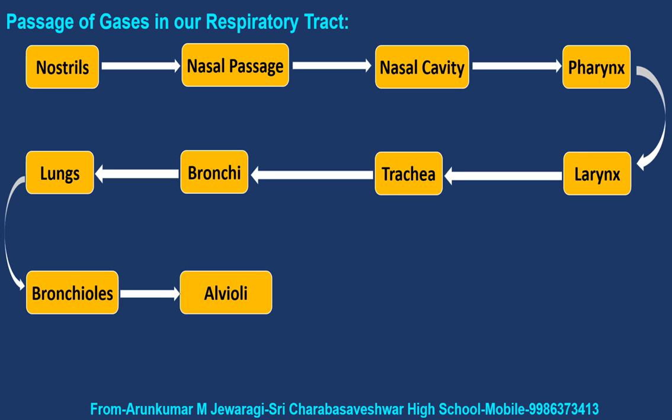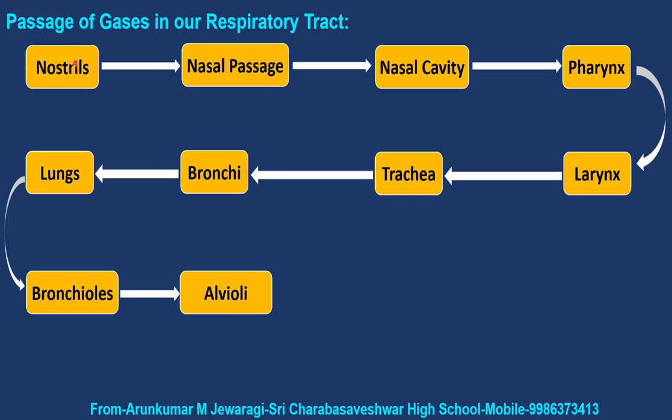Okay. So this is also very important in the examination. For 2 marks they will ask, write the passage of oxygen or write the passage of carbon dioxide. If they ask the passage of oxygen, you can draw like this. If they ask about carbon dioxide, you can start from here, alveoli.